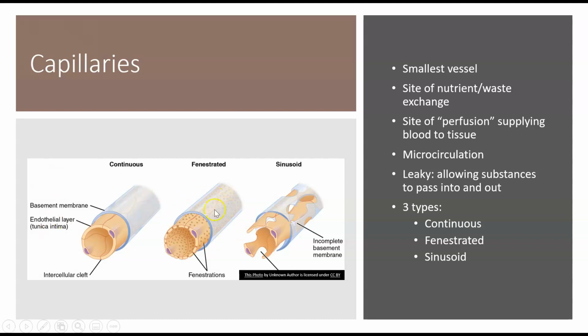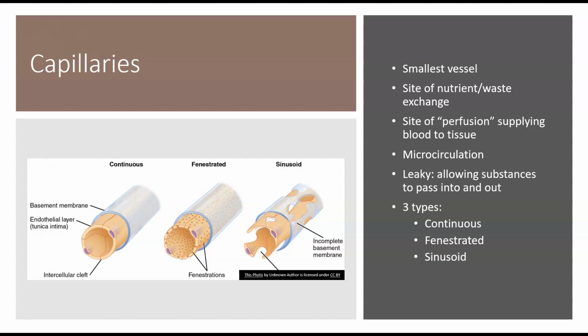The fenestrated capillary is the next kind. This is going to have pores that are just a little bit bigger, and then they also have those incomplete gap junctions, so they will allow slightly larger molecules to pass through. And then the sinusoid capillaries, we kind of call these the Swiss cheese of the capillaries, because they're going to be very flat.